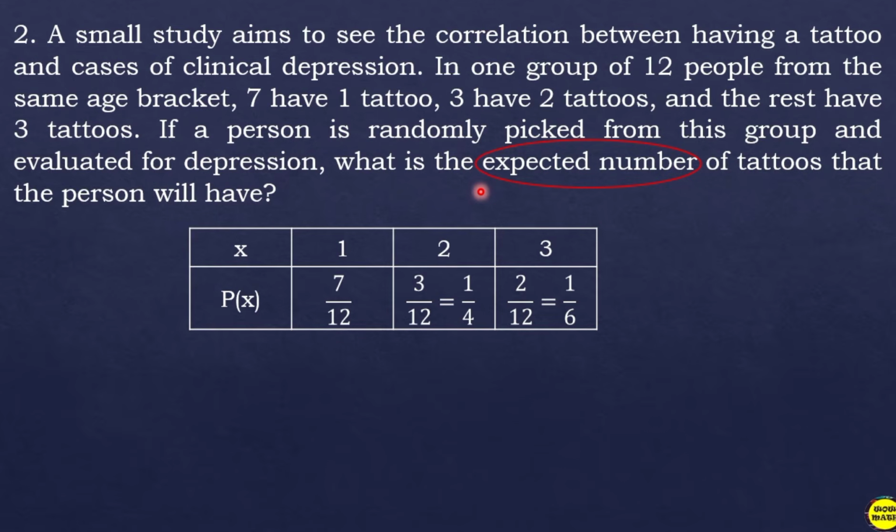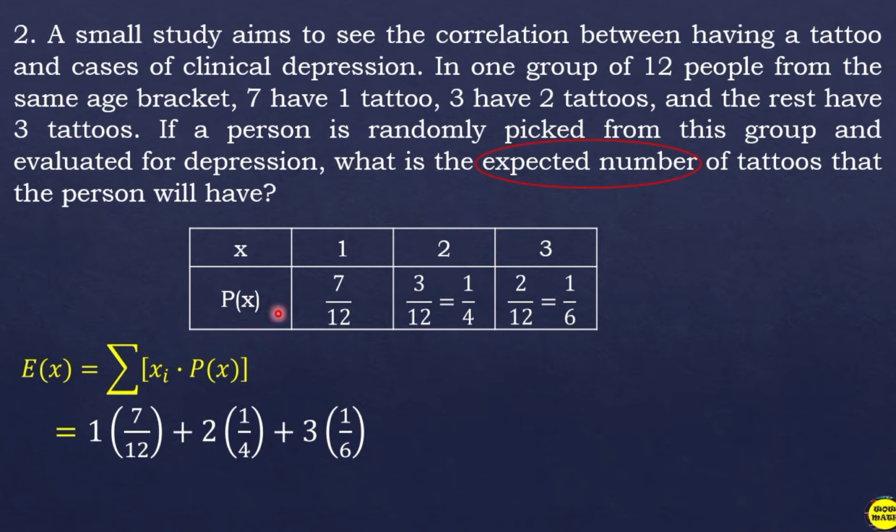So, using the formula for computing the mean of a discrete random variable, by the way class, kapag expected value ang hinahanap, ang notation na gagamitin natin is capital letter E. Kasi di ba, ang ginagamit natin dito yung mu na symbol. Kapag expected value ang hinahanap, gagamitin natin itong symbol na to. Ganun din yung gagawin kapag sa pagsosolve ng mean ng discrete random variable.